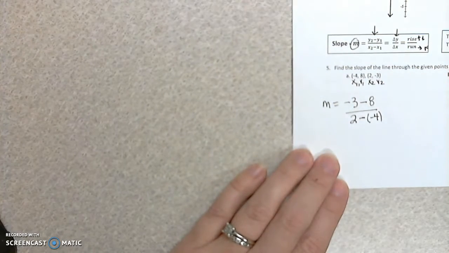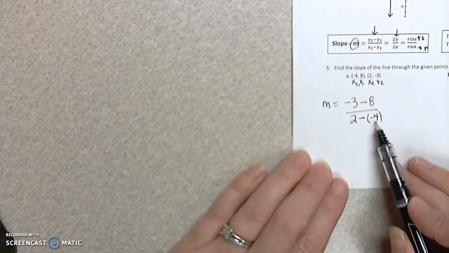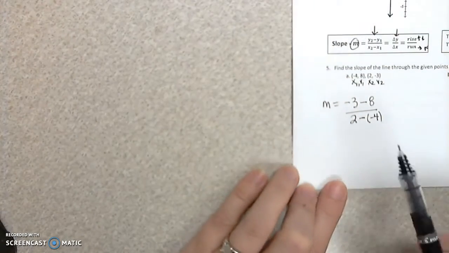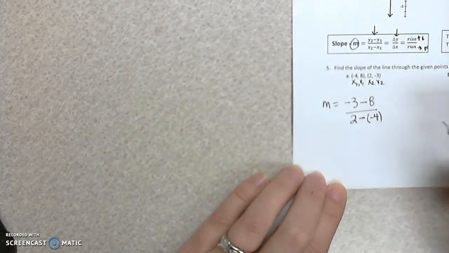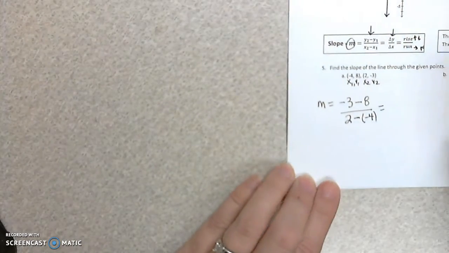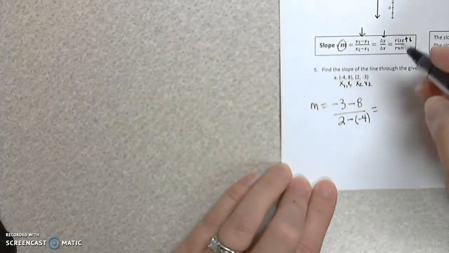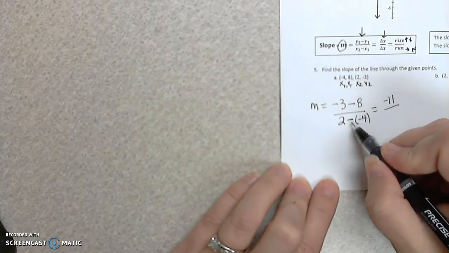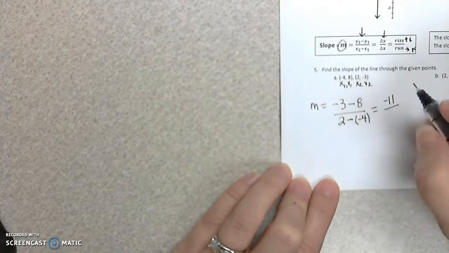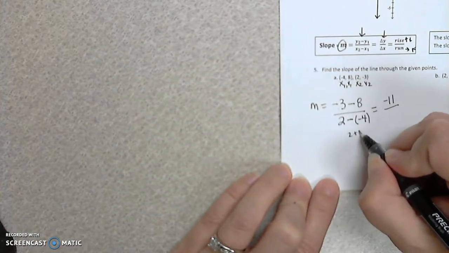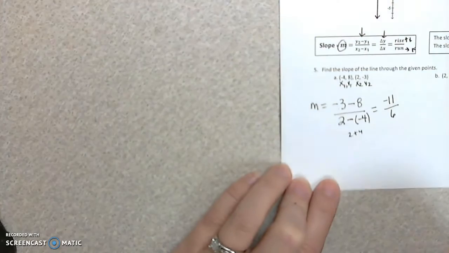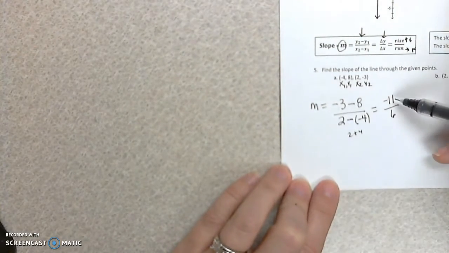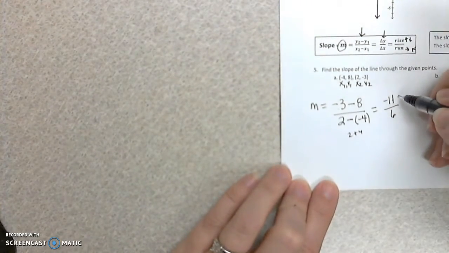That's what my formula tells me to use, and then my x1 is a negative number. So I have to say minus a negative. Don't let that get you. Then we have negative 3 minus 8 is a negative 11, and then minus a negative becomes plus, so that would be 2 plus 4, which is 6. So we can say the slope of this line is negative 11 over 6.